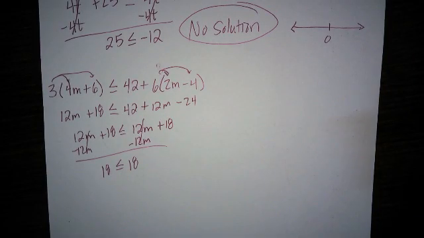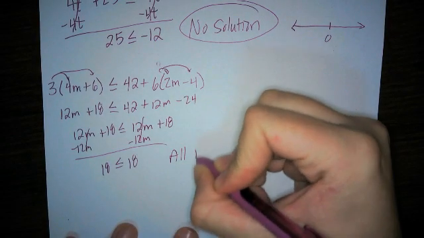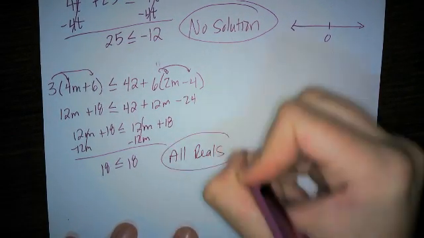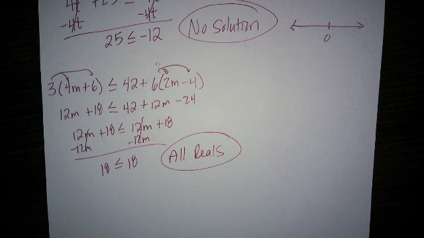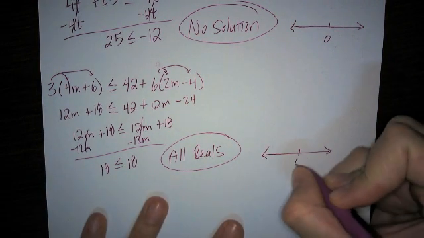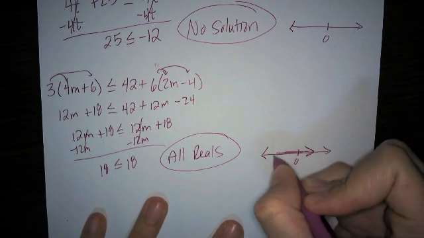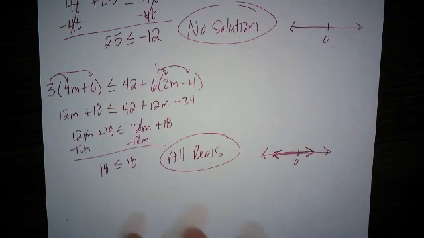So because of this, this solution is going to be all reals, or all real numbers, infinitely many. And again, if we were to graph this, the whole thing would essentially be shaded with our arrows. The whole number line would be covered if it's all reals, meaning any number we plug in works for that inequality.